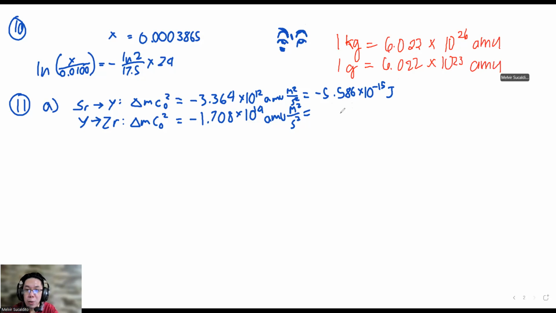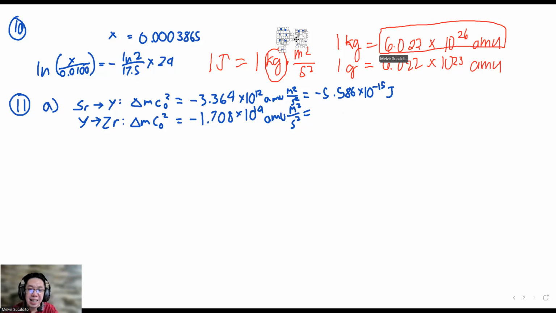Right, Josh? But 1 joule is equal to 1 kilogram meter squared per second squared. So kilogram is what you need to use.